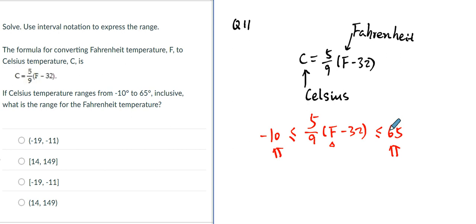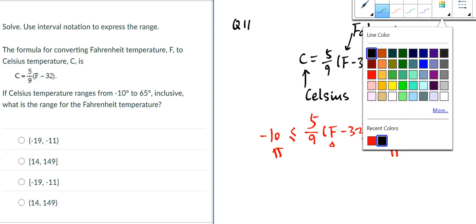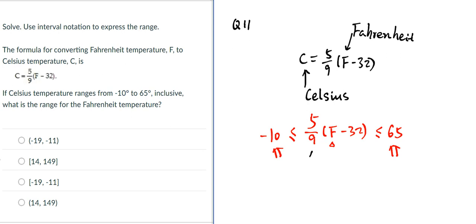Okay? Now, here, step 1 is to get rid of this fractional number. So all we do is multiply everywhere by the reciprocal of 5/9. 9/5 is the reciprocal. Because the 9 upstairs cancels the 9 downstairs, and the 5 downstairs cancels the 5 upstairs.